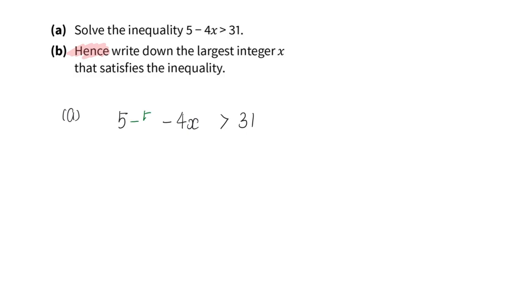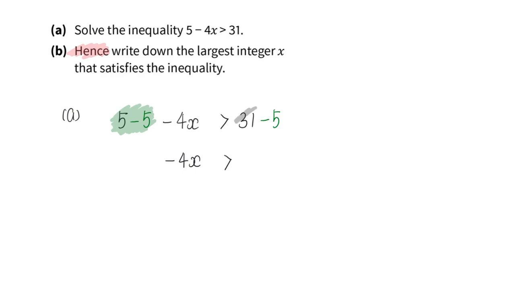And I'm going to minus 5 on both sides. Why? So that I could get 0 to help us solve this problem. 5 minus 5 is 0, and so my left hand side will only be left with negative 4x.